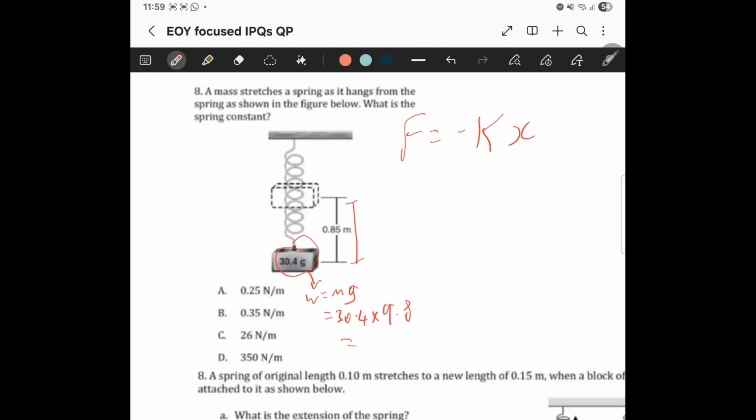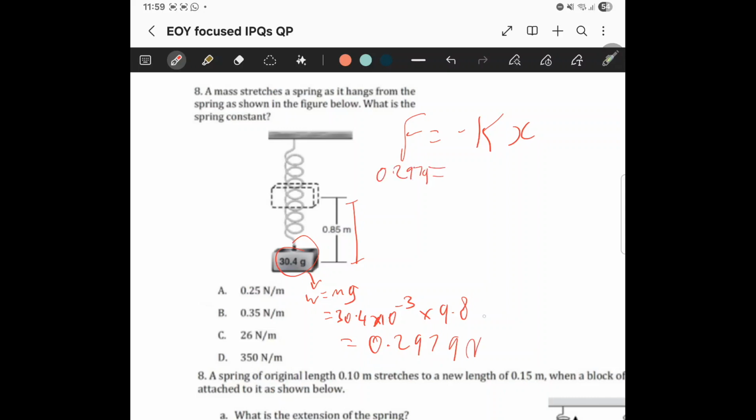I must make that into kilograms. So 30.4 grams is times 10 to the minus 3, or just divide by 1,000, multiply by 9.8. That's more accurate. My actual final force I'm going to use is 0.2979. I'm going to write that in here now.